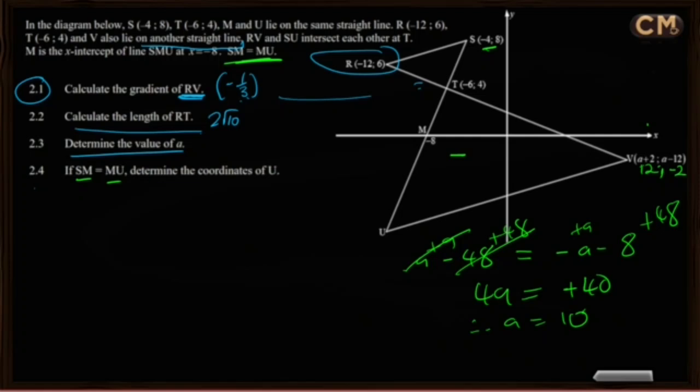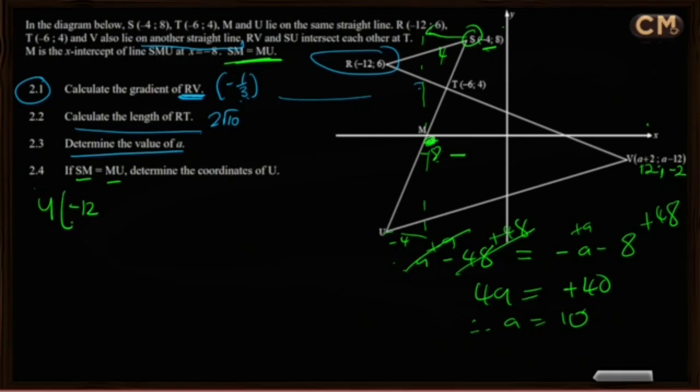Well, in terms of the x coordinates, from S we have moved 4 units to the left, so that's equal to minus 8, which means given that this is the midpoint, we need another 4 units to the left. So minus 8 minus 4 gives us minus 12. This is for you, and this is what I mean by observation.